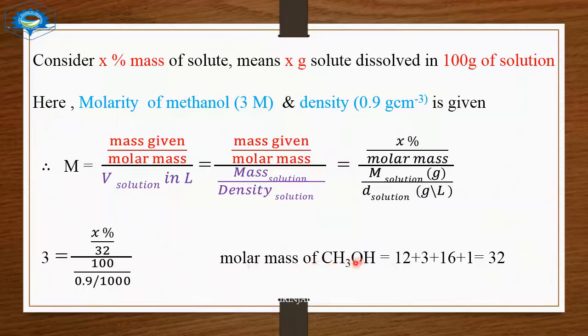So carbon molecular mass 12, plus hydrogen 3, so plus 3, oxygen plus 16, hydrogen plus 1. Altogether 32. So what will be the molar mass? 32. Molarity is given, and the molar mass we found out is 32.